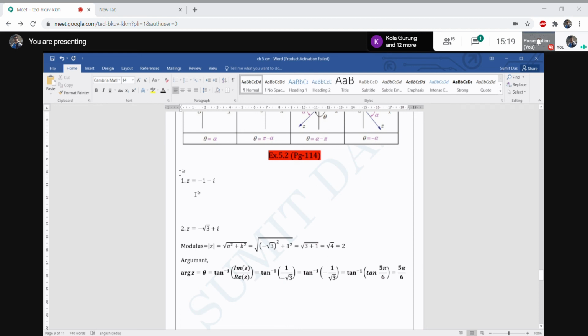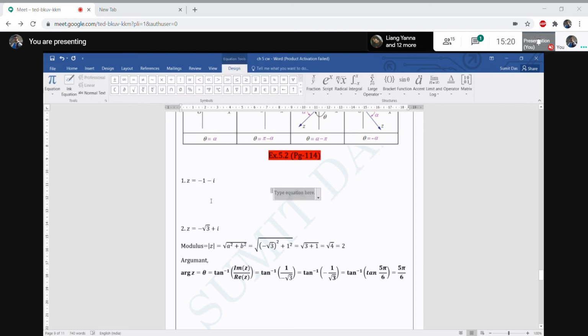So we will write minus 1 minus i equal to r cos theta plus i r sin theta.